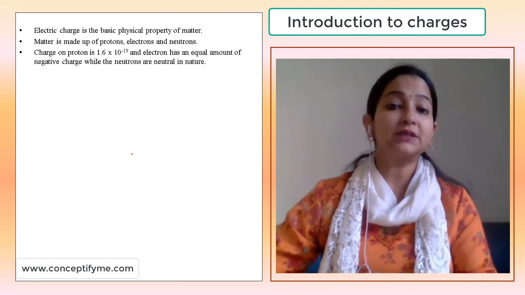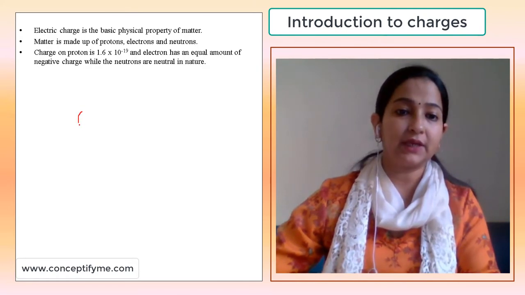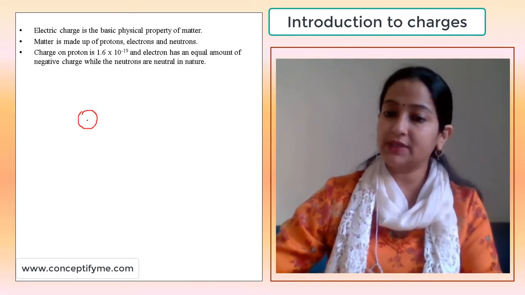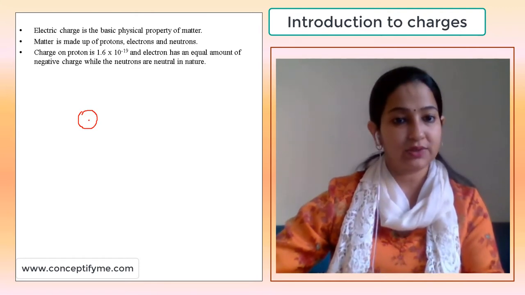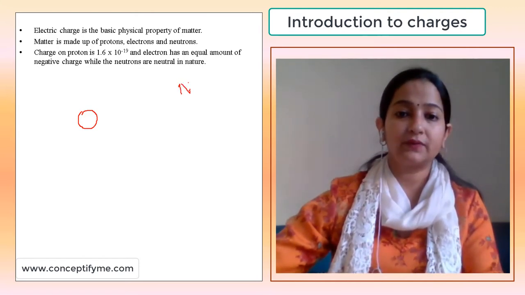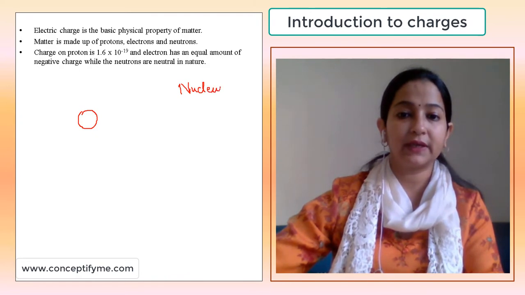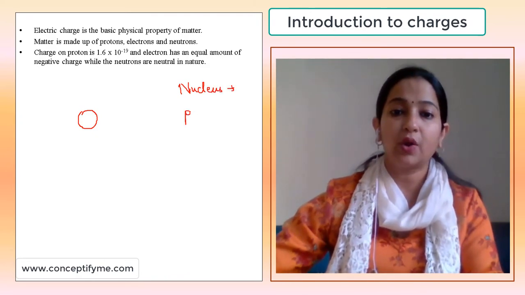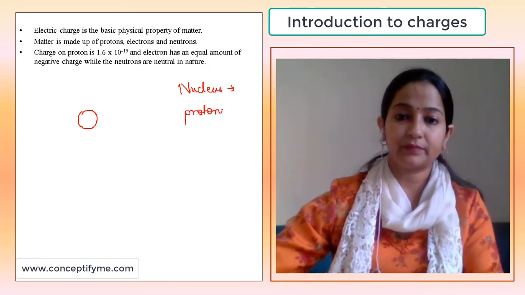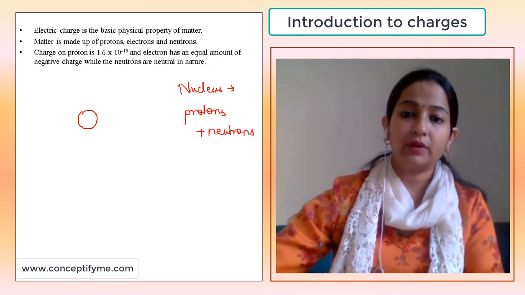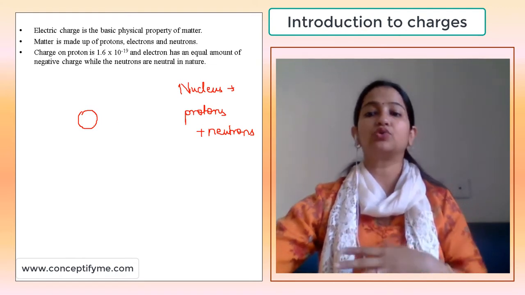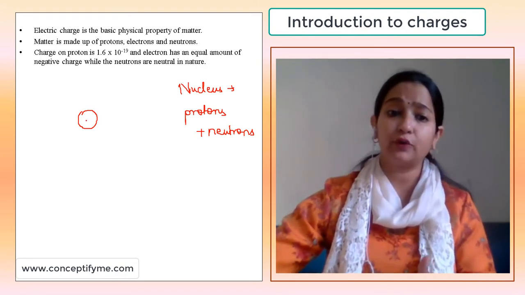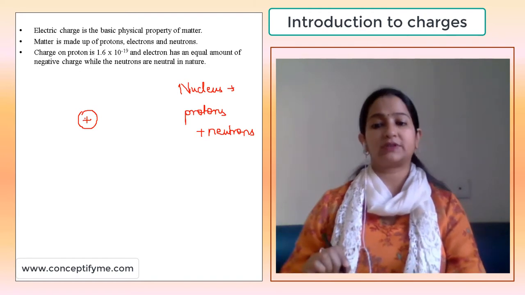So if we consider the structure of an atom, you will see that there is a nucleus in between. This nucleus contains protons and neutrons, right? The protons are positively charged and neutrons are neutral in nature, and therefore this nucleus is positive in nature.